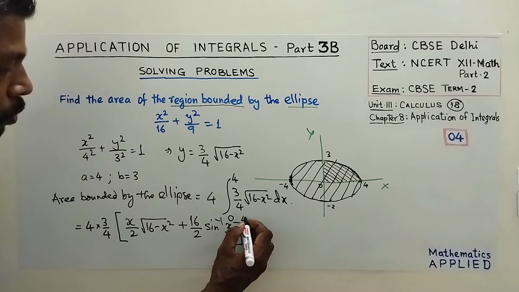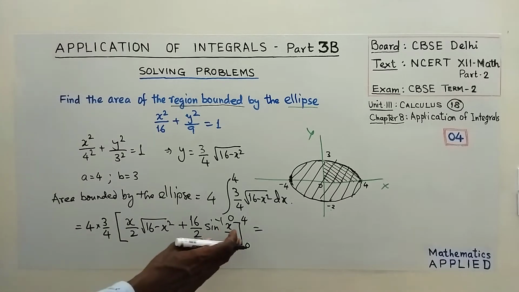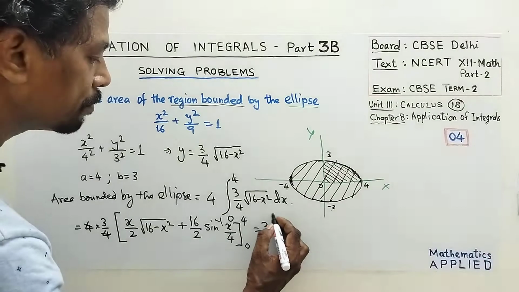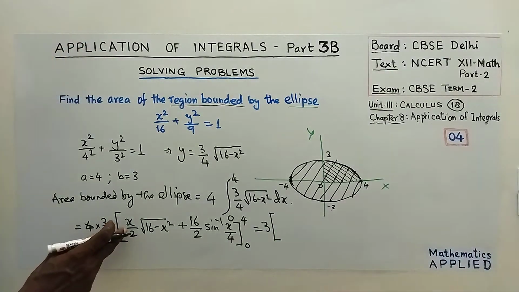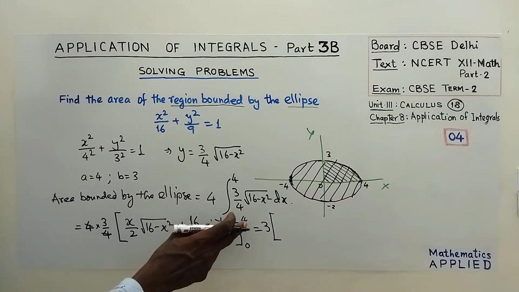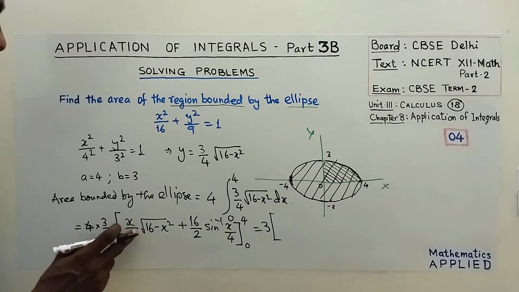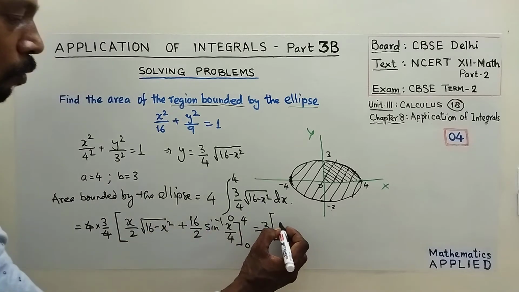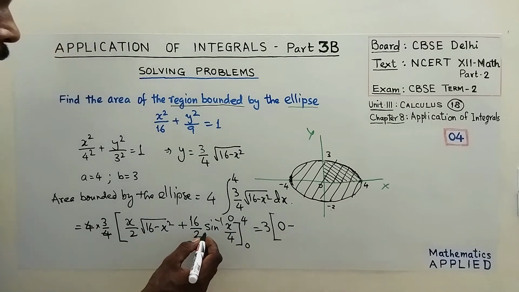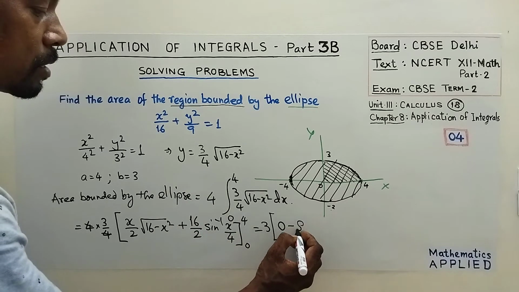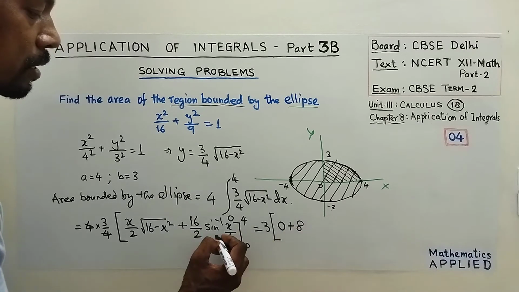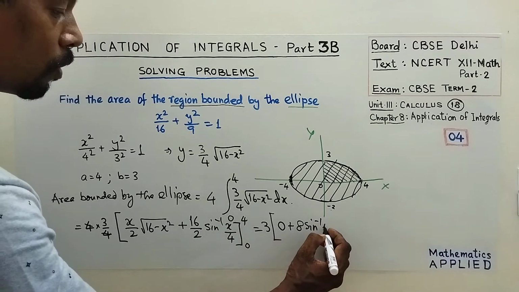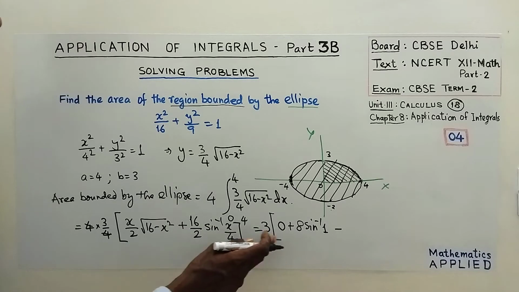So from 0 to 4 you apply this limit, and you get 3 times, the first term is x by 2 which gives you 2, but if you apply 4, this gives you 0. So the first term is going to be 0 and the second one is going to be plus 8 times sine inverse 4 by 4, that is 1, minus, now you have to apply 0.